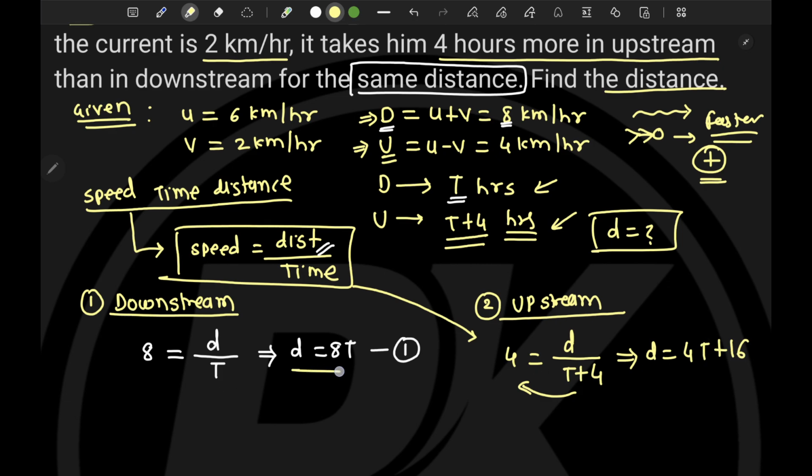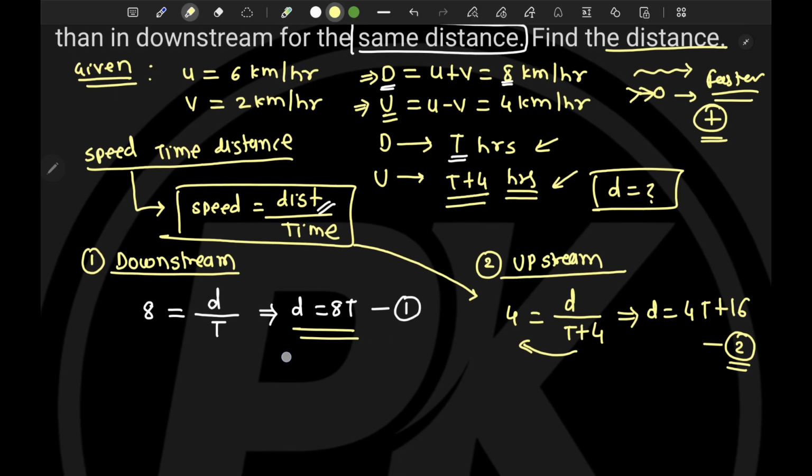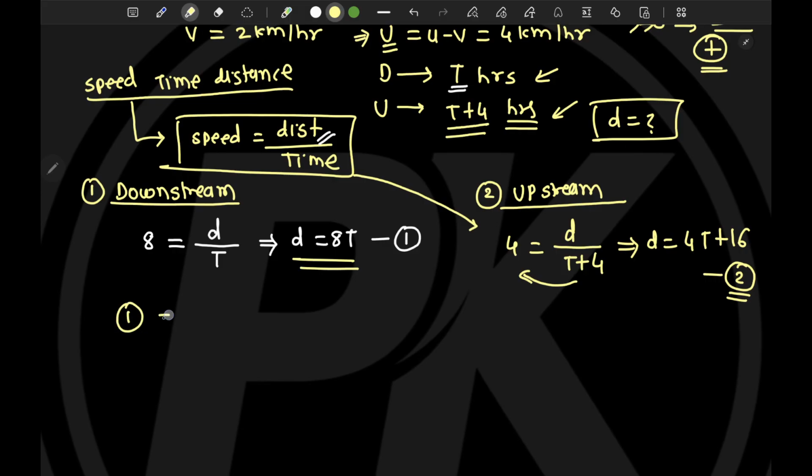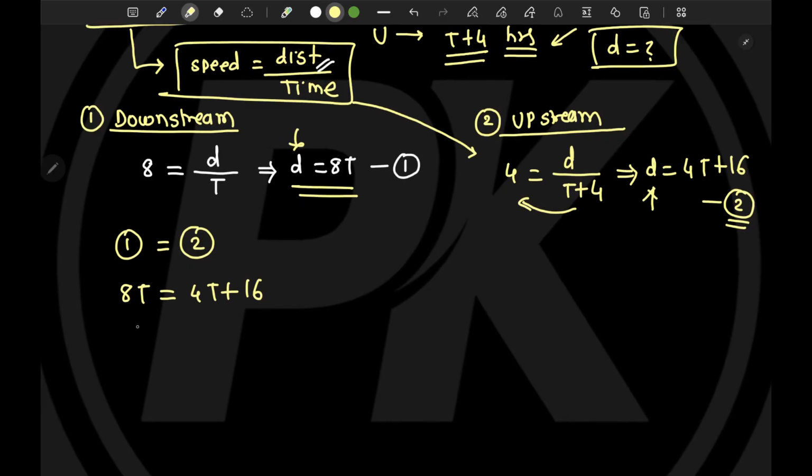Let's say equation number 2. This distance is the same, that means equation number 1 is equal to equation number 2, right? Because our LHS, this d and this d, are the same, so just equate the RHS. So 8t is equal to 4t plus 16, and hence you can find the value of t. 4t is equal to 16, and hence t is equal to 4 hours.